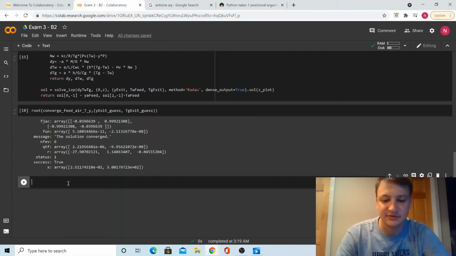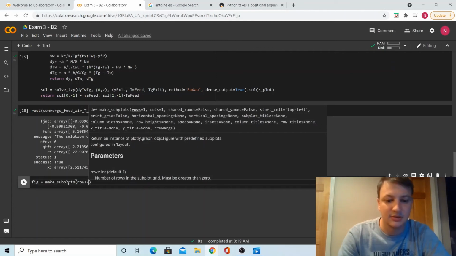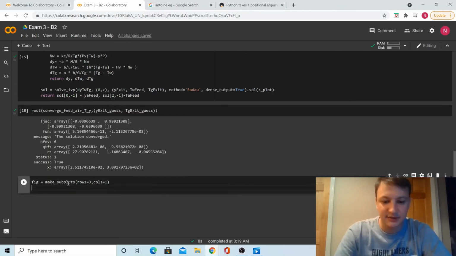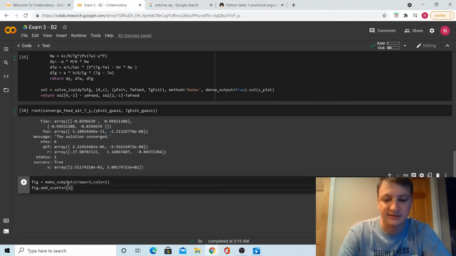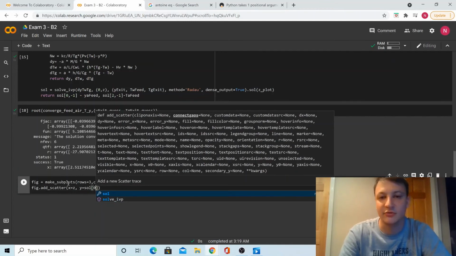So first we're going to make a figure. We're going to set that equal to the make subplots from plotly. Make subplots. We want 3 rows, 1 for each variable, 3 and 1 column. Next, we're going to want a fig add scatter. Our x equaling our height, and our y in this case is going to be the first in the solution array, which is the mole fraction.